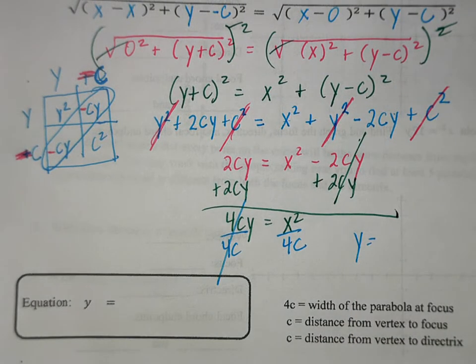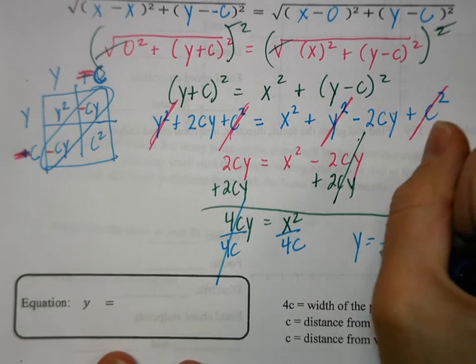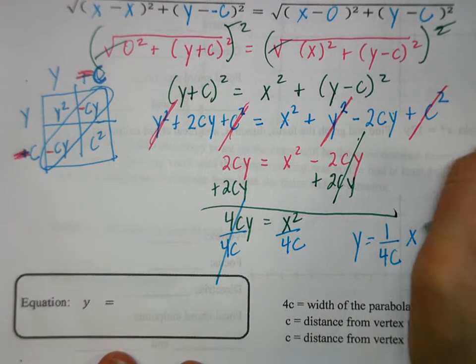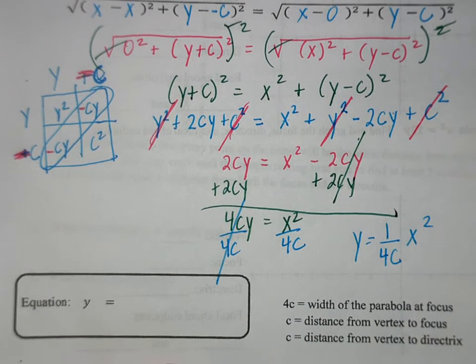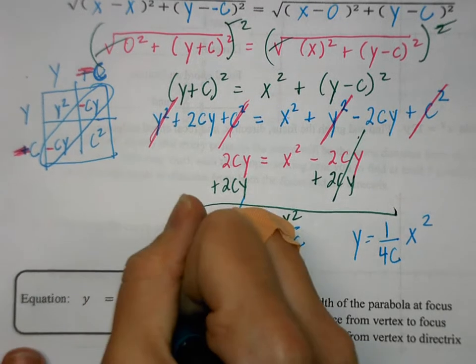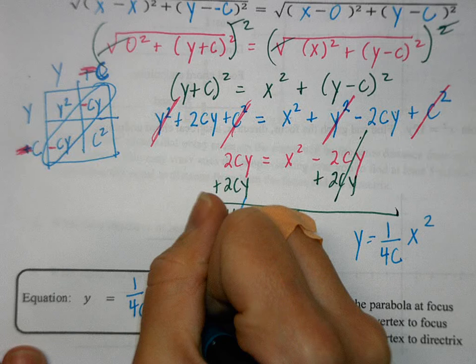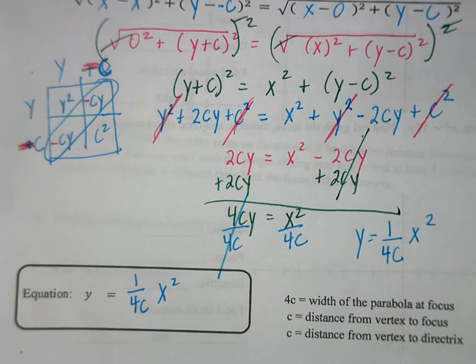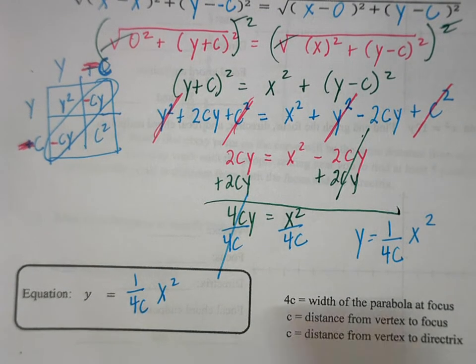So that would be 1 over 4c and then x squared. So our equation for a parabola is y equals 1 over 4c x squared. This 4c should look familiar. 4c is always that total distance across from your focus. Okay?